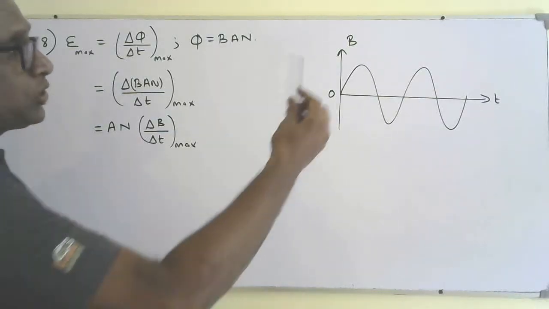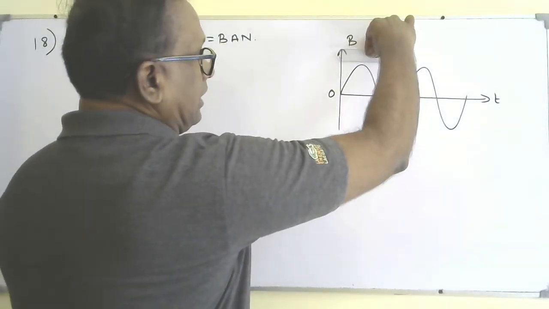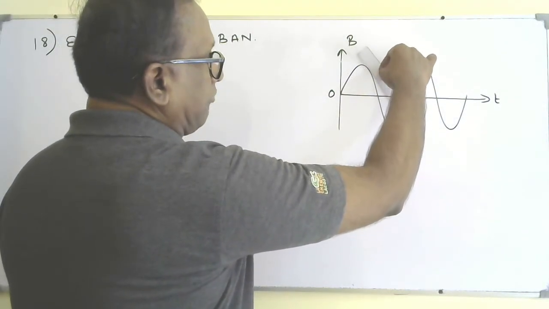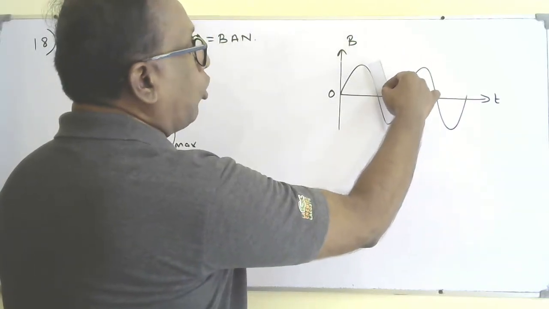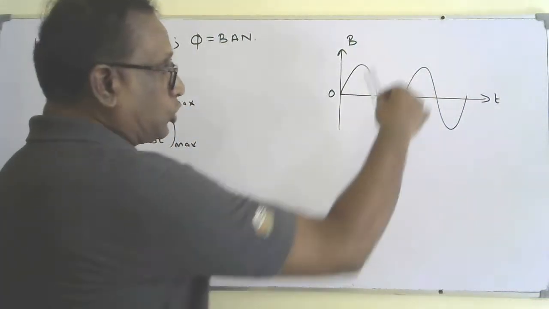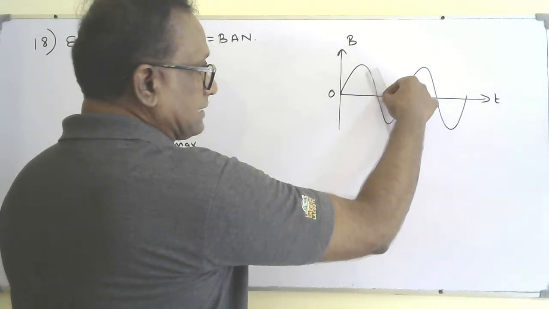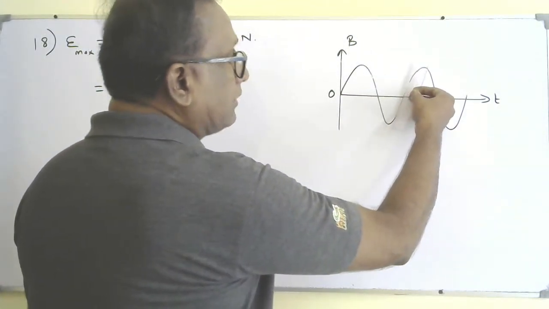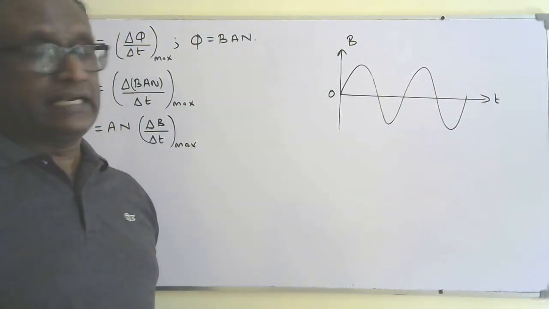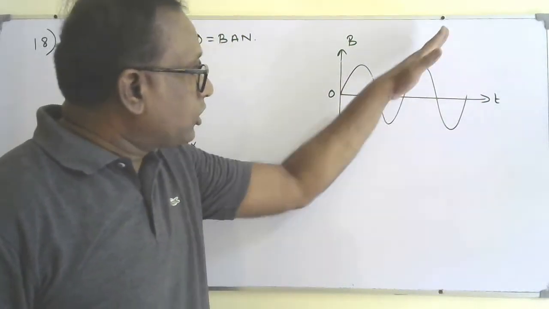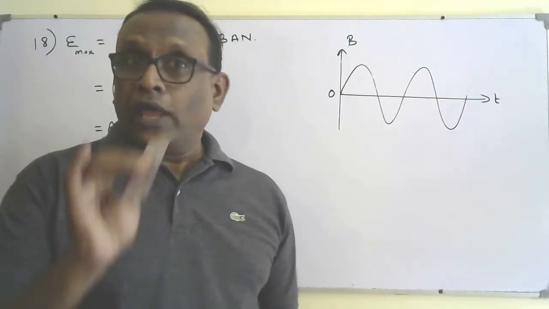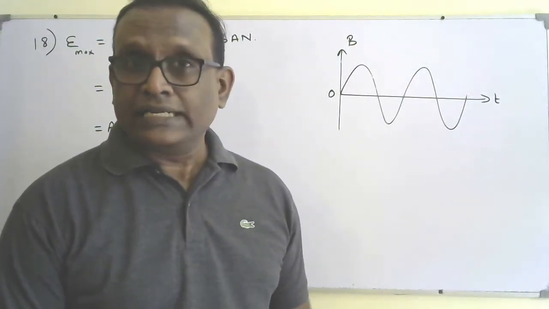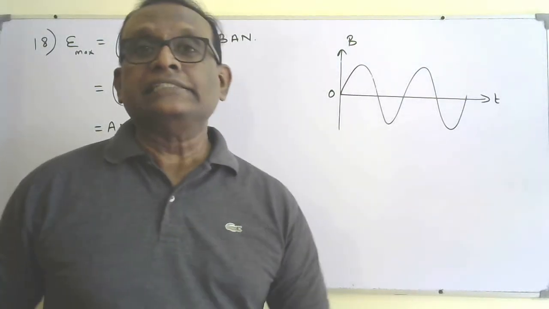How can I find it? Keep the ruler like a tangent and move the ruler along the graph to where the ruler becomes more vertical. It could be somewhere here, then it's getting horizontal, then it's coming here. Where the ruler becomes more vertical, it could be a negative gradient or a positive gradient, it doesn't matter. There, draw a tangent to the graph.